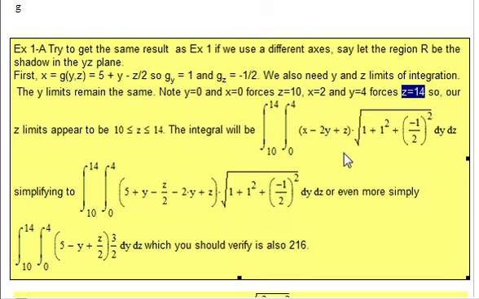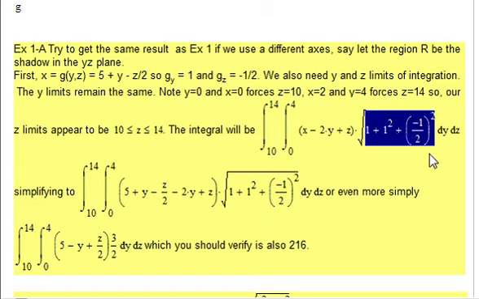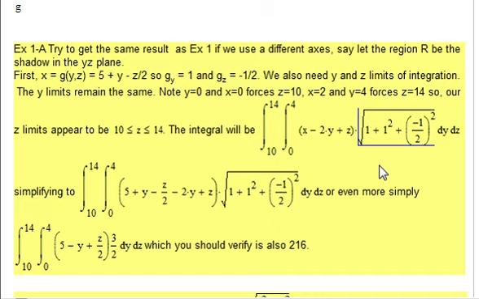So integrating, here's our function, f of x, y. Our limits of integration, y going from 0 to 4, z going from 10 to 14, and the part that's under the square root is 1 plus, well, partial with respect to y is 1, so 1 squared, and then partial with respect to z is -1/2, so -1/2 squared.